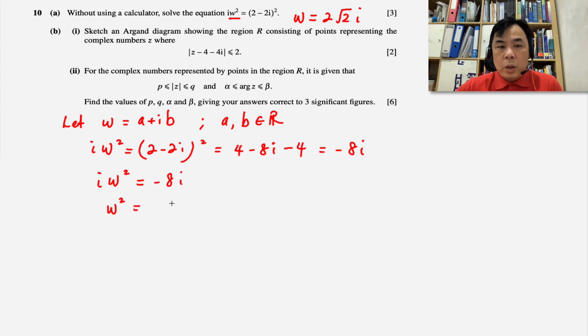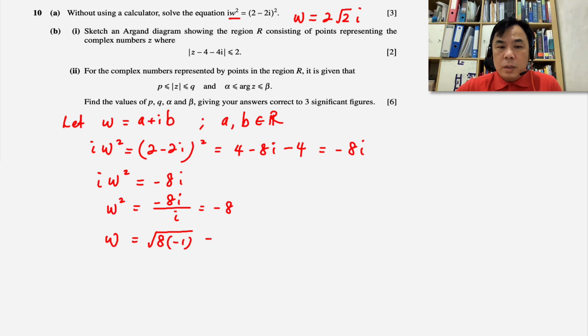Therefore, w squared, we can divide both sides by i. Then that will give us the i. That is negative 8. Okay. And then from here, we're going to square root this. If you were to square root this, we will get the square root of negative 8.